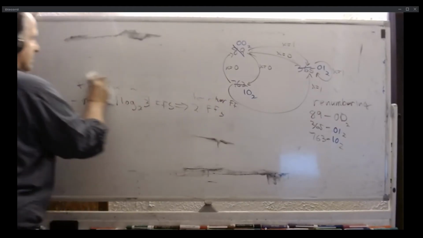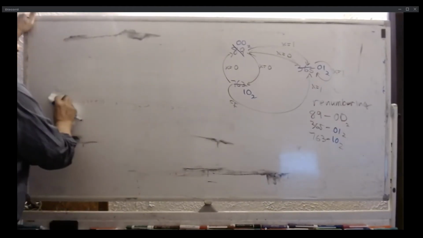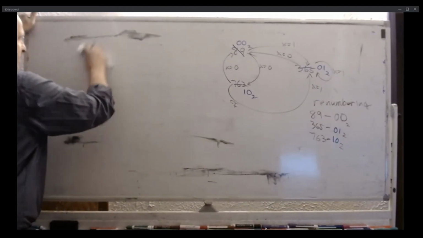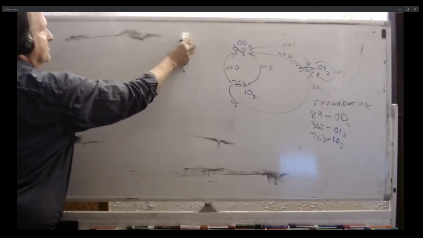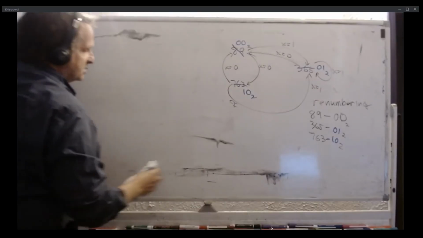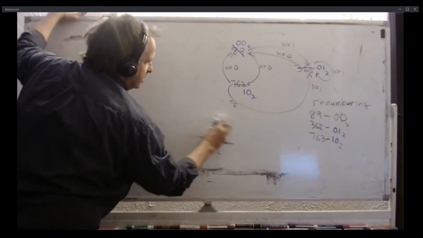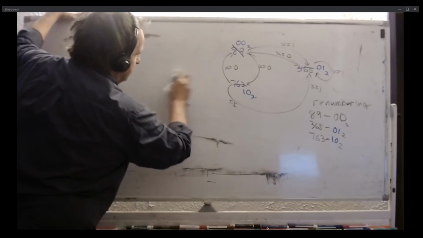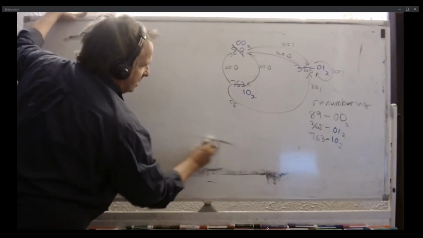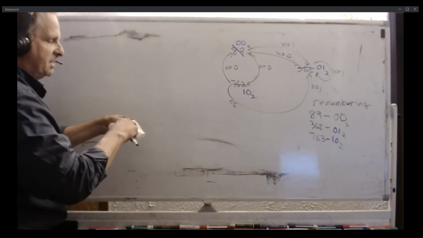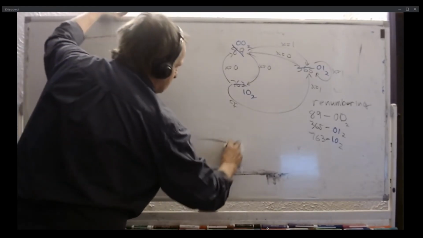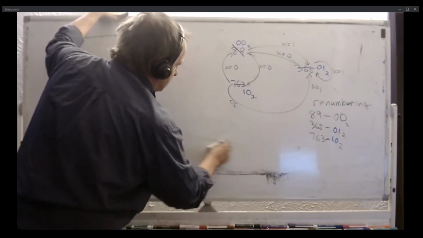Okay? So, do you see, ladies and gentlemen, that the current state to next state portion is fairly straightforward, and we're going to do that. But the excitation, because we don't know what the best choices for flip-flop 1 and flip-flop 0 are.